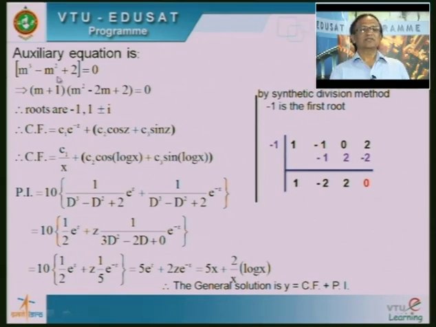Then I can try with another number, for example minus 1. First I tried with plus 1, now I am going to try with minus 1. Minus 1 cube becomes minus 1. Minus 1 square becomes 1. So minus 1 minus 1 becomes minus 2, plus 2 is equal to 0. So minus 1 is one root of this equation.